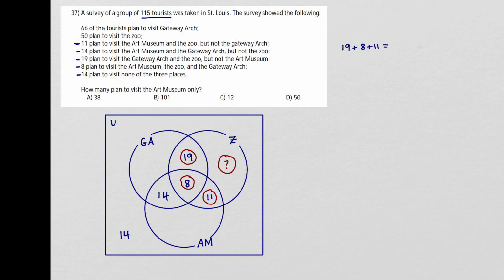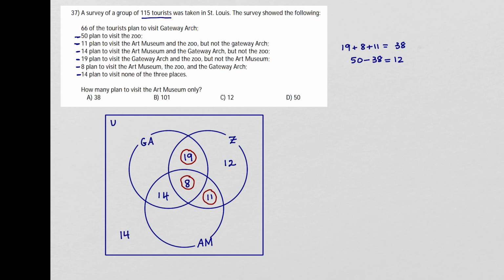And that is going to be 38. So if I subtract 38 from 50, that gives me 12. That means that this should be 12. Okay, so that's the zoo.